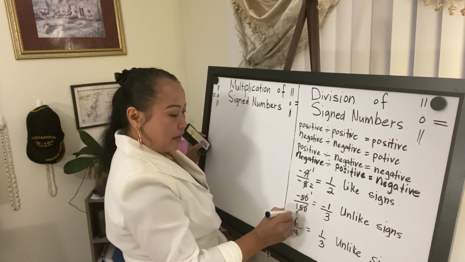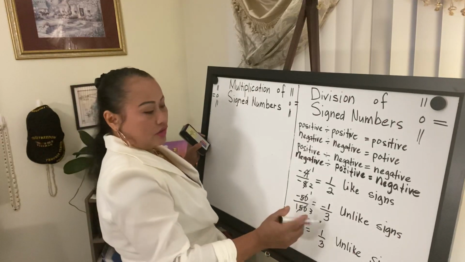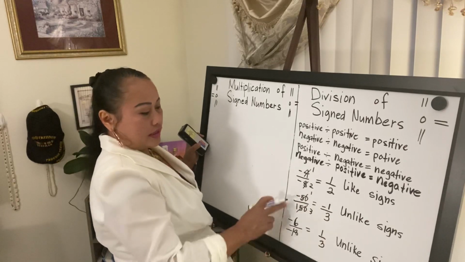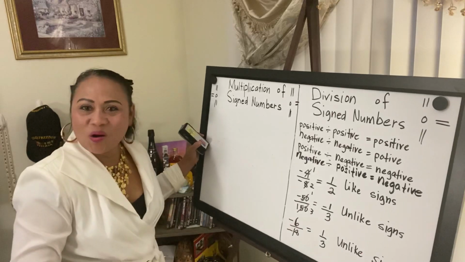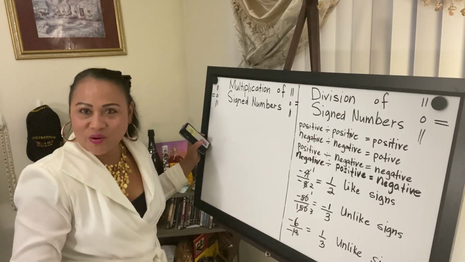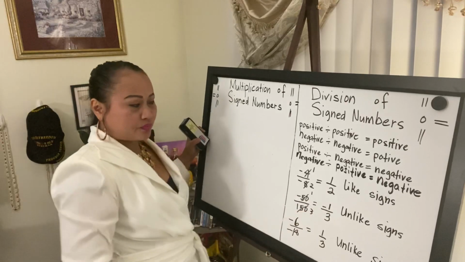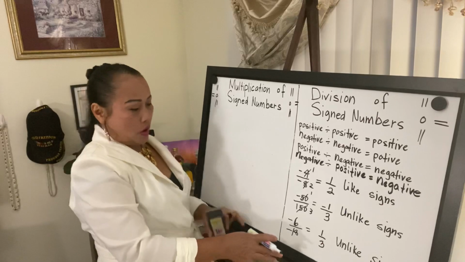You will divide it by 50. There are 3. So the answer is 1/3. And since they have unlike signs, it is always negative. So the answer is negative 1/3. They are unlike signs.